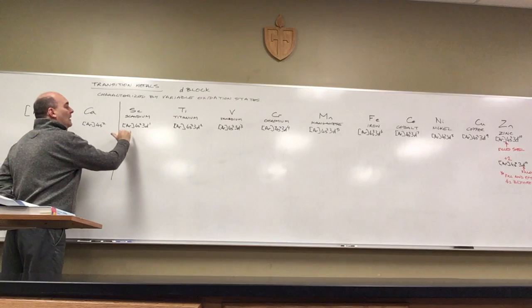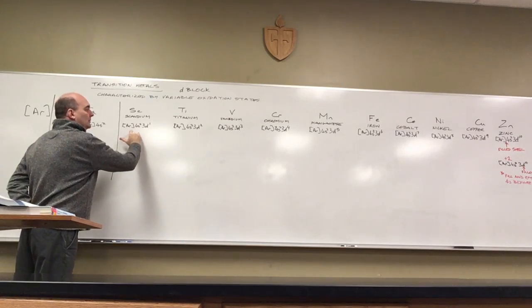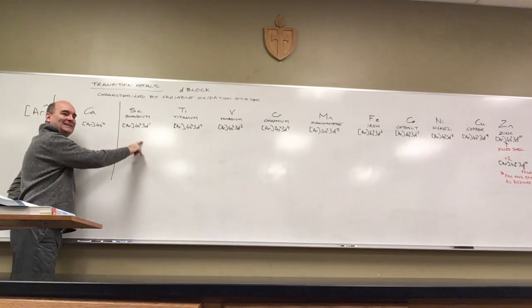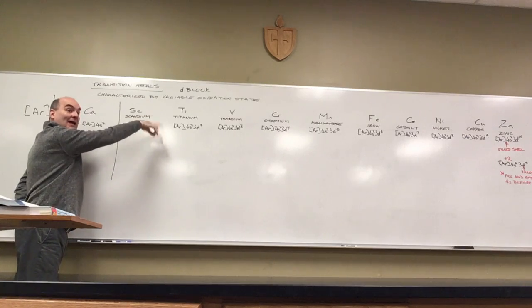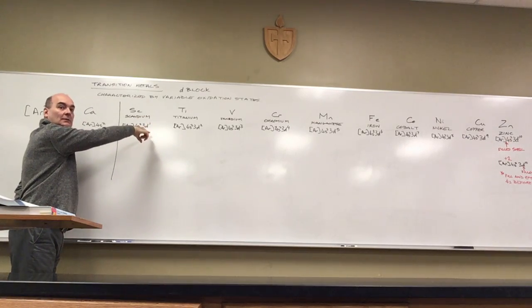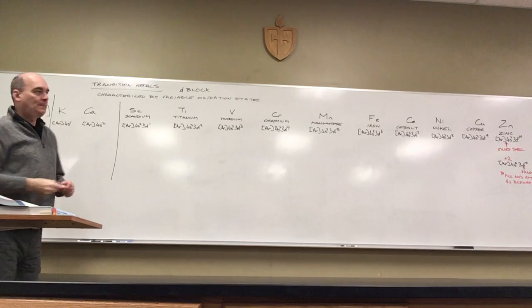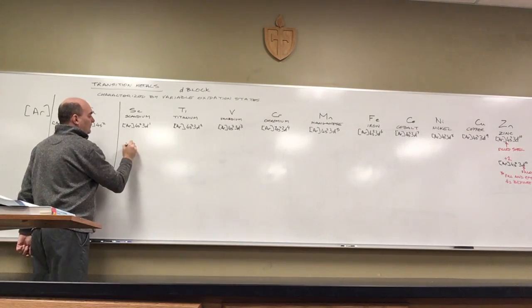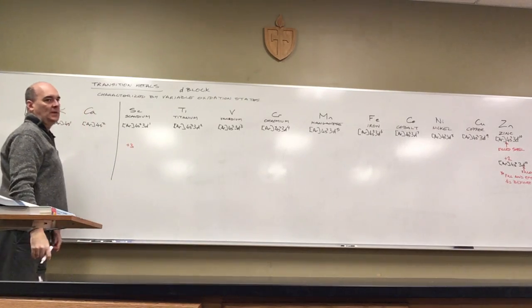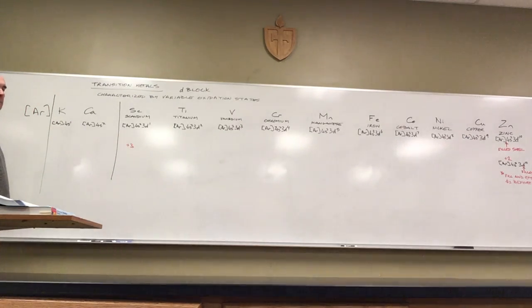I would make 4s0 3d1, and that's still leaving me a hanging electron here in the d. So scandium really only does the +3. It's really the only one that's available for it.